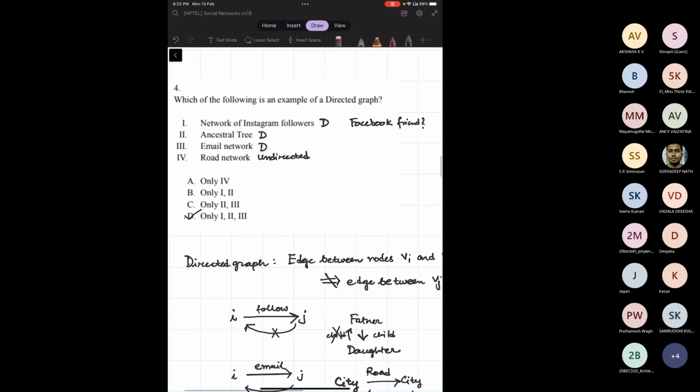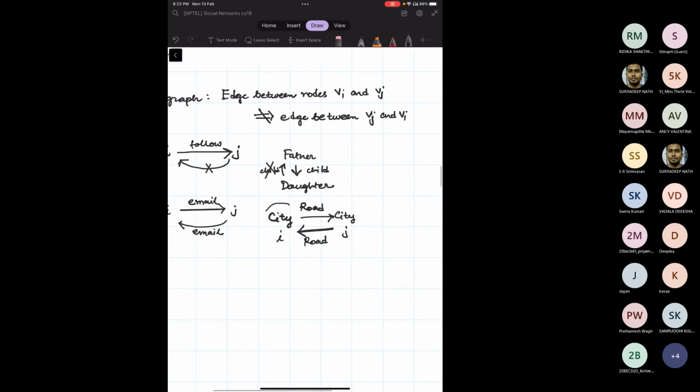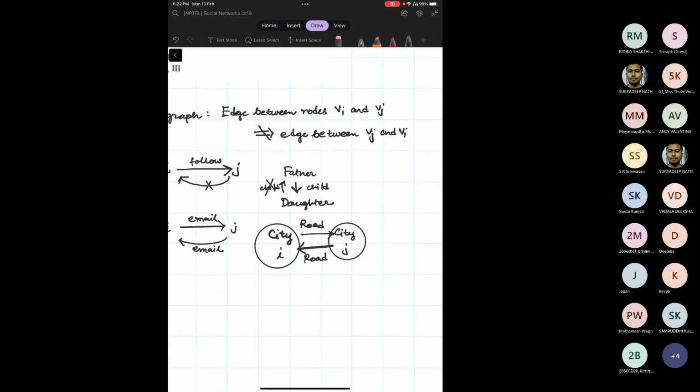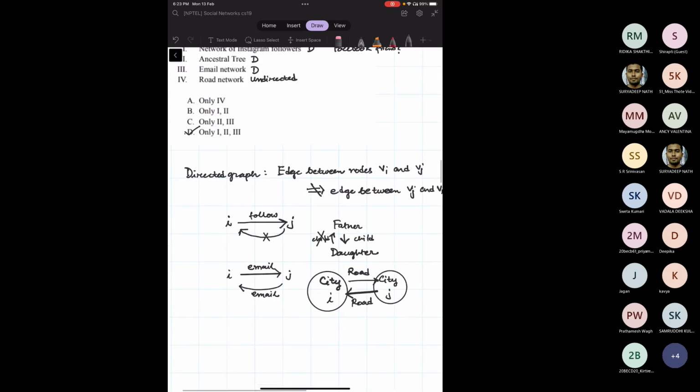All right. In this road network example, consider there is a city I and a city J. If there is a road from city I to city J, it also implies that there is a road from city J to city I. You can ask that it may not always be possible, in case of one-way roads, but for our example, we are considering a simple road network where if there exists a road from I to J, it also exists from J to I, like, let's say, a road for pedestrians.